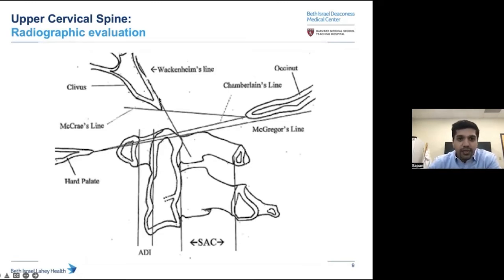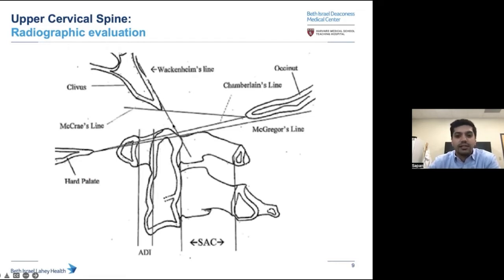So there's Wackenheim's line, which is a tangential line of the posterior aspect of the clivus that goes down. And the dens should stay anterior, so in front of and below that line.